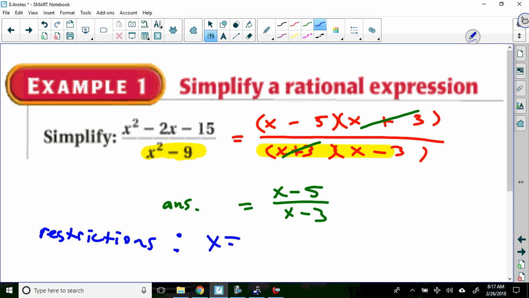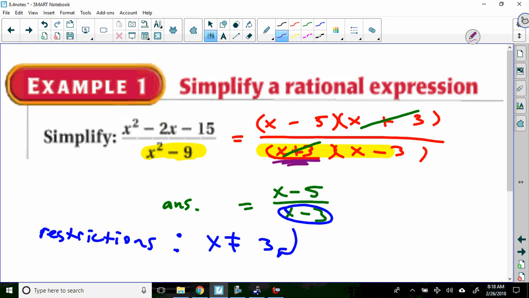X can't equal 3, right, because of this factor right here. But because of this factor right here, what else can't x equal? Negative 3. X can't equal negative 3 also.